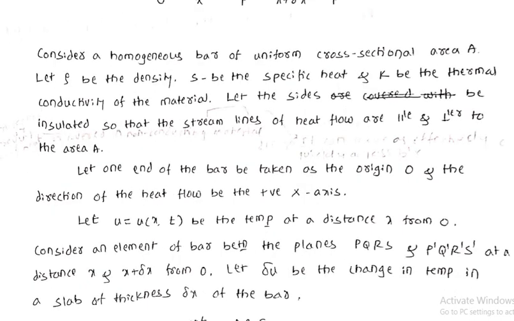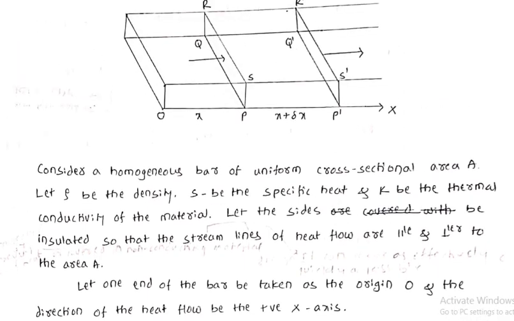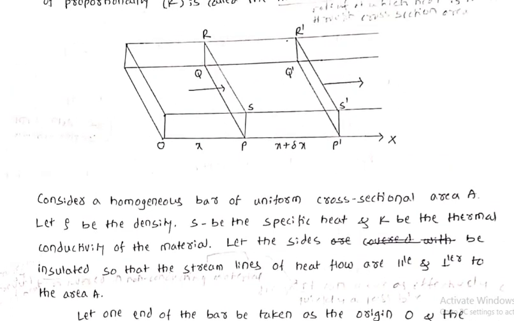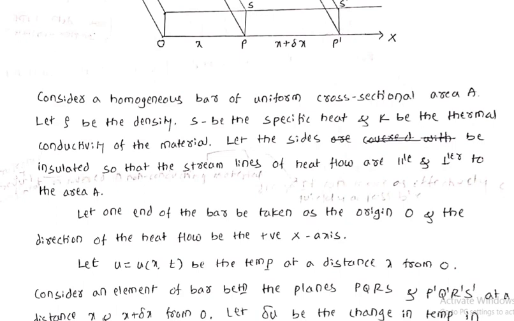Let one end of the bar be taken as the origin O, and the direction of heat flow be the positive x-axis. This one is the positive x-axis and this one is the negative x-axis. Heat flows from the origin in the positive x direction. Let U equal U of x, t be the temperature at a distance x.